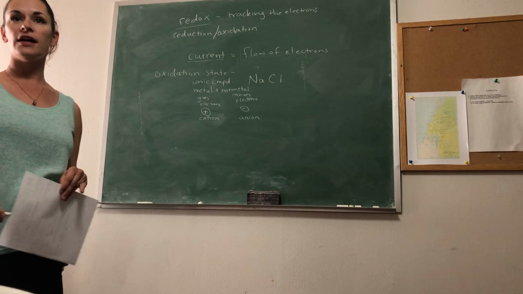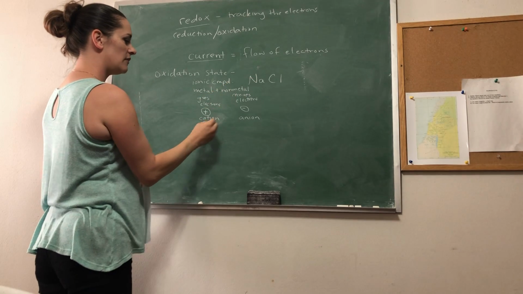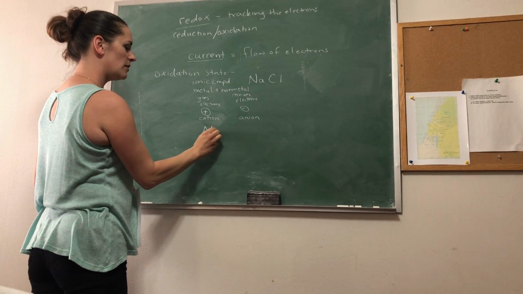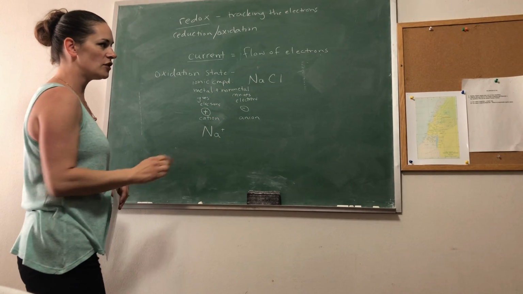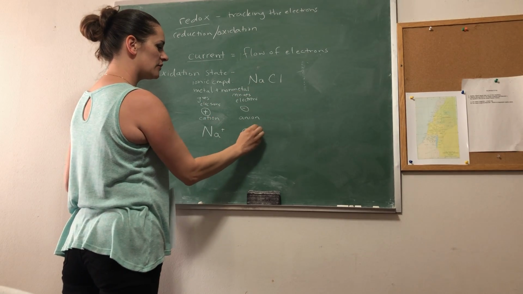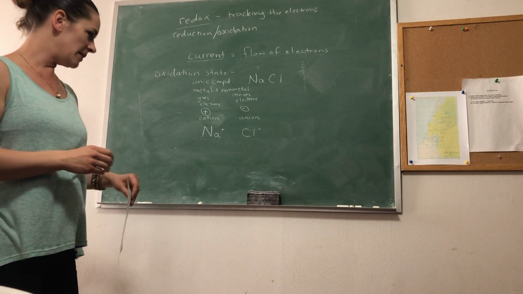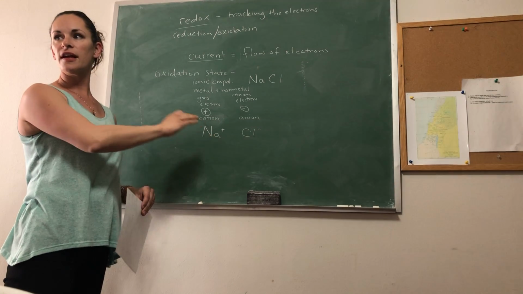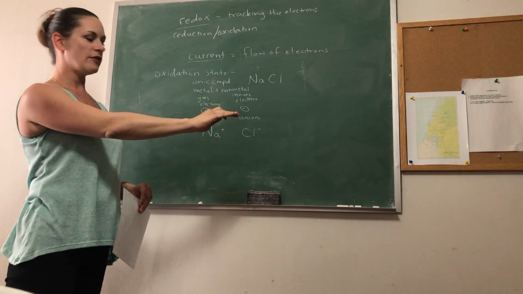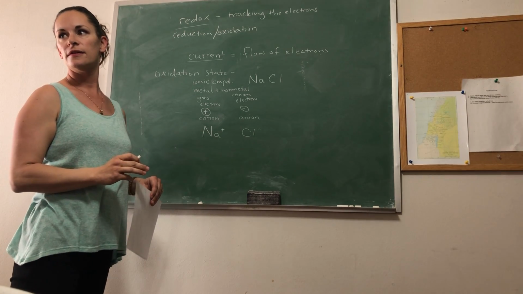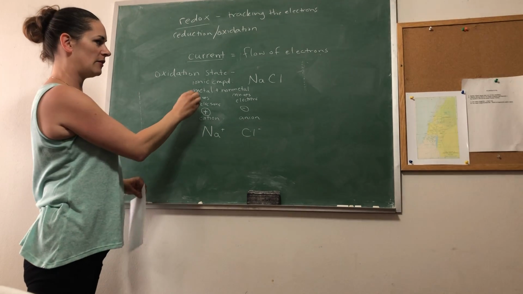Okay, so those are ions, right? In the case of NaCl, the sodium gives up its electron and gets a positive charge. The chlorine gains an electron and gets a negative charge. In an ionic compound, these are complete charges. That electron has completely left the sodium and gone to the chlorine.